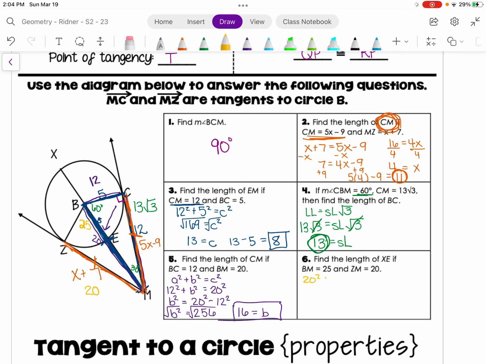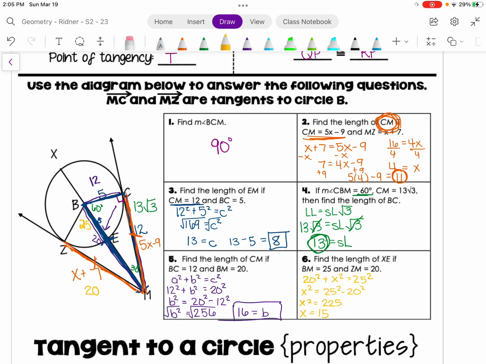So 20 squared plus x squared equals 25 squared. I'm going to subtract. That gives me 225. Square root of 225 is 15.